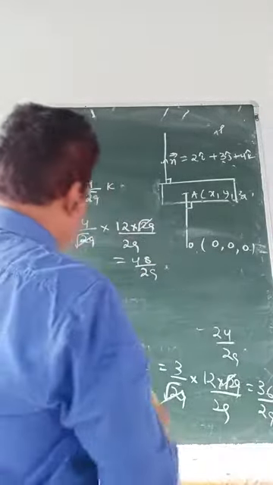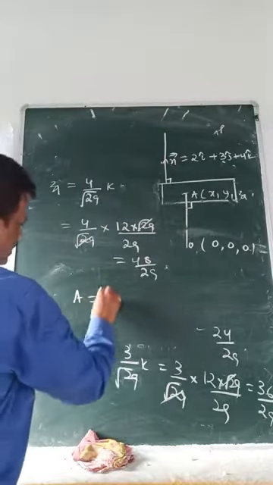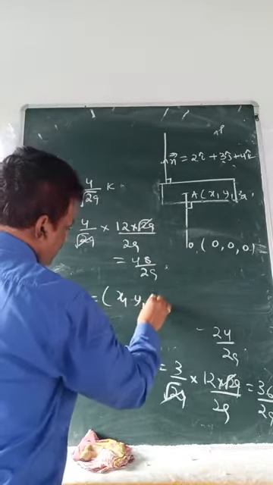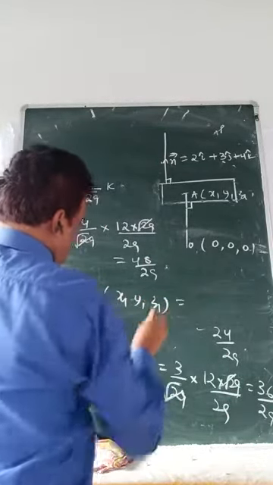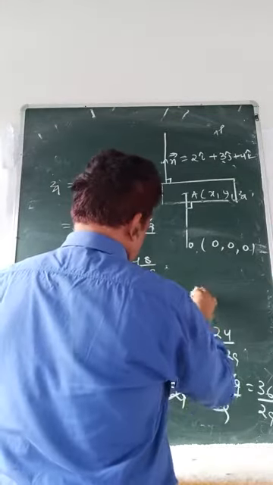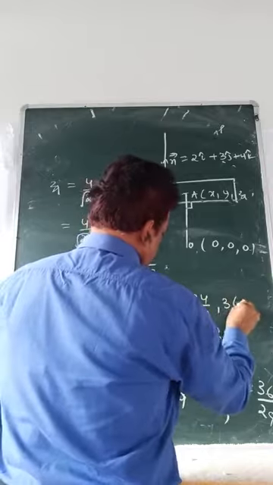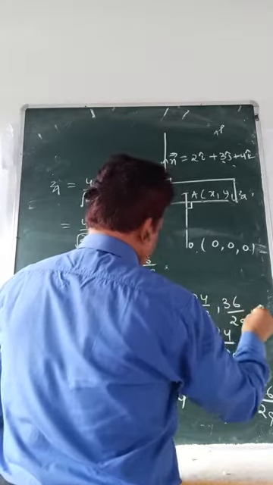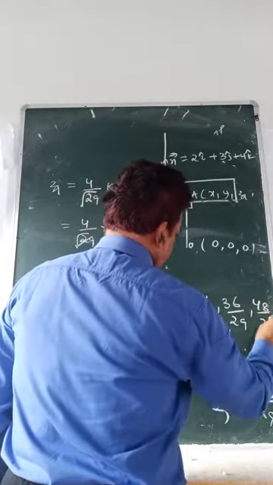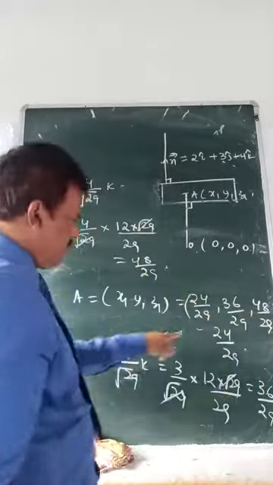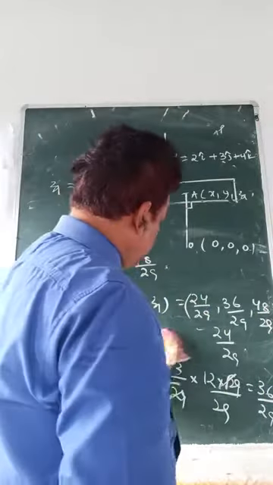Therefore, the point x1, y1, z1 is 24 by 29, 36 by 29, 48 by 29. Okay, you will follow this method.